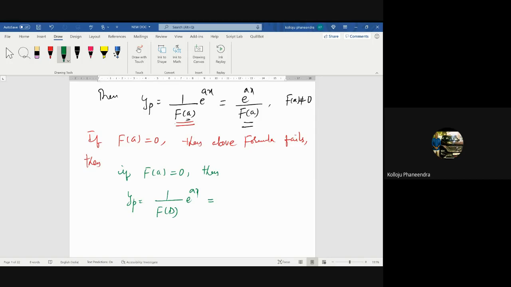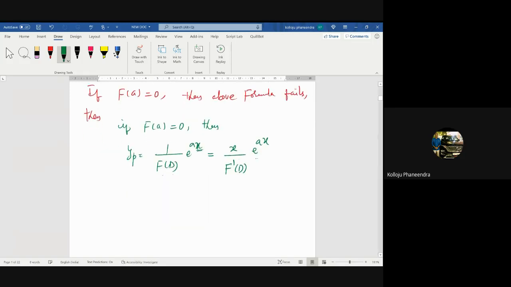All of you remember this point. The derivation is there, but I'm skipping it because time will not permit. Now, how to remember this? Put x, the independent variable, in the numerator and take the derivative of f of D with respect to D, that is f dash of D, and write e power ax above the line.